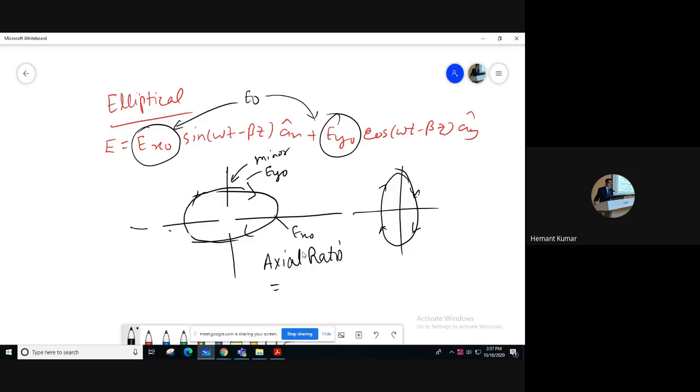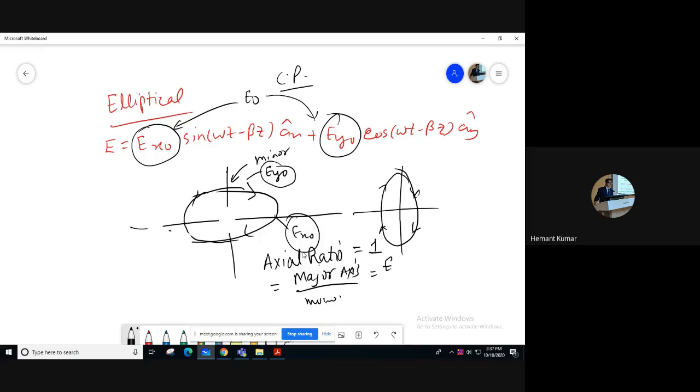Axial ratio is the ratio of major axis to the minor axis. So if the axial ratio is 1, that means both the values are equal. If both the values are equal, it is nothing but a circular polarized case, right?